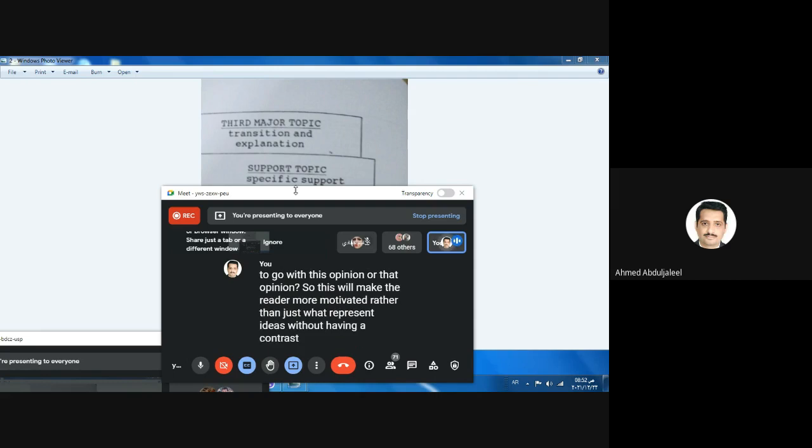With contrast we have two opposing ideas, and we need to settle which is more acceptable, or which is correct, this way or that way. So this will make readers read in order to have a stand, a definite opinion.